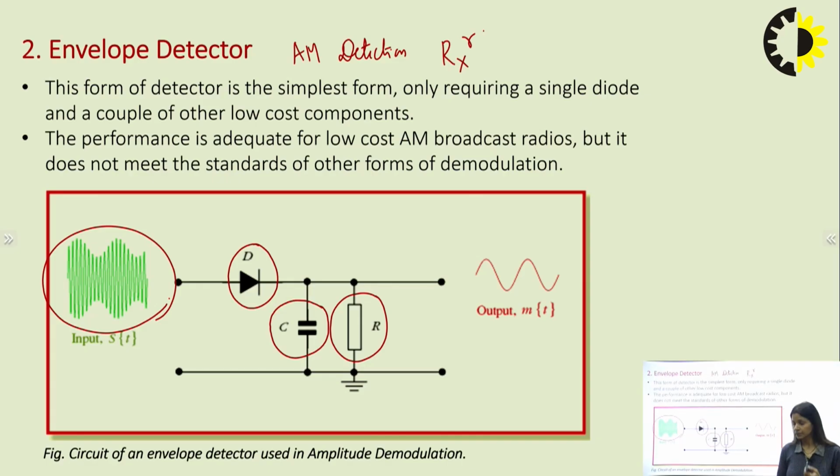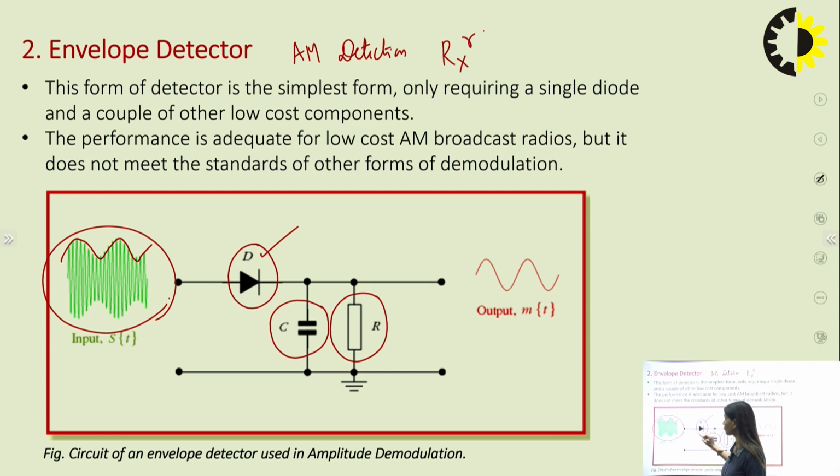So here what it is doing, see, the envelope of this amplitude modulated wave, this is the envelope, right? Now this is being detected by the diode circuit. The diode will either get forward biased or reverse biased.